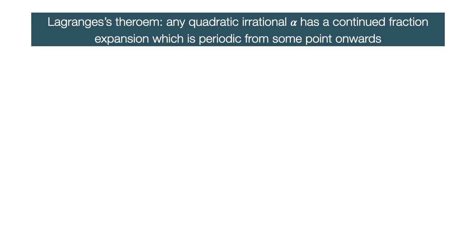Now, what about quadratic irrationals that are not reduced? According to Lagrange's theorem, any quadratic irrational alpha has a continued fraction expansion which is periodic from some point onwards.